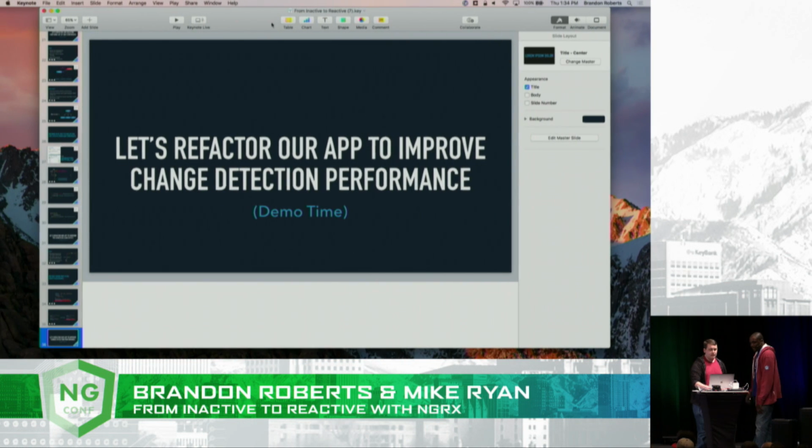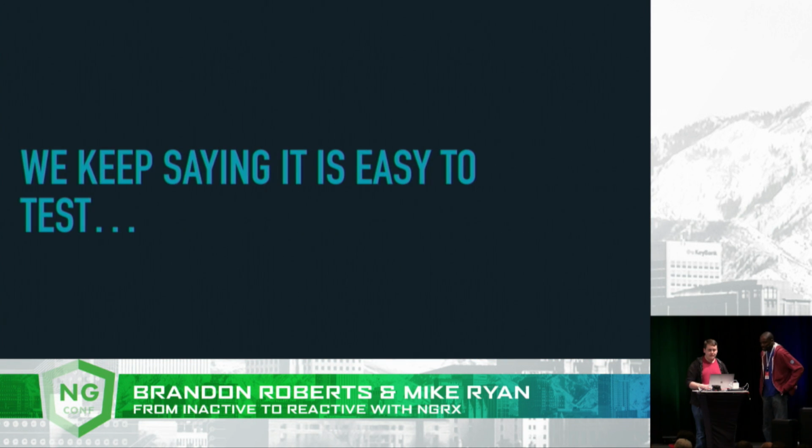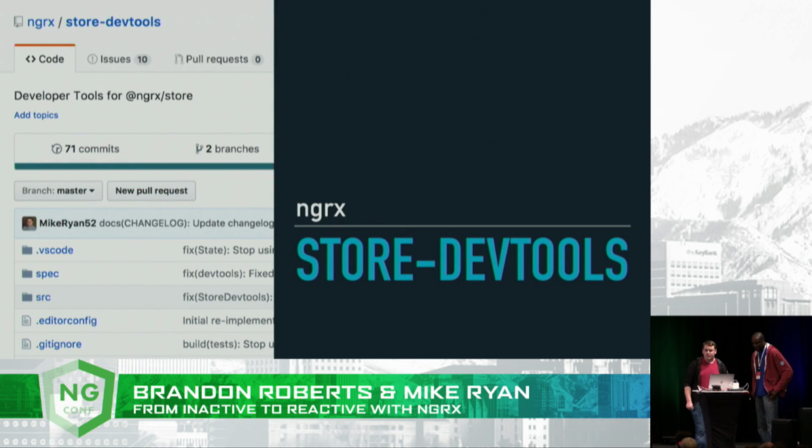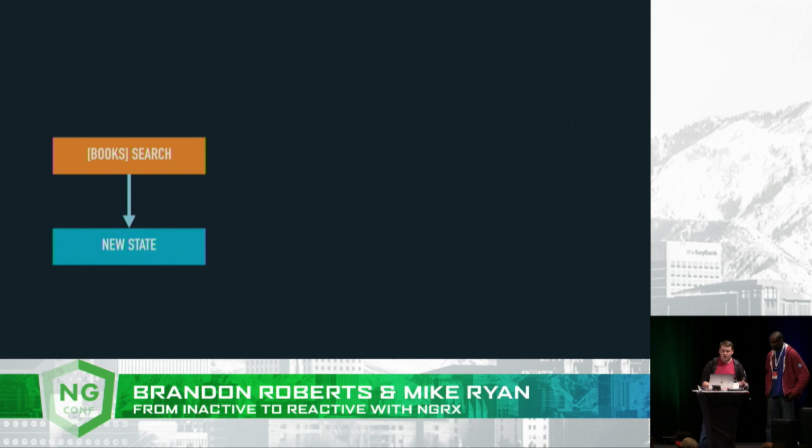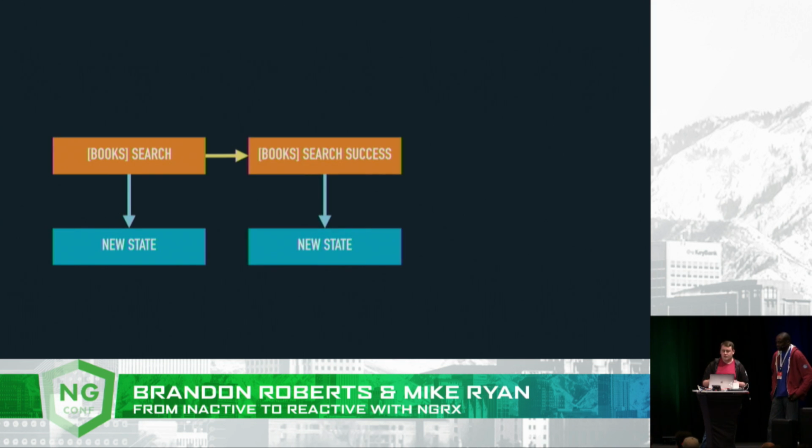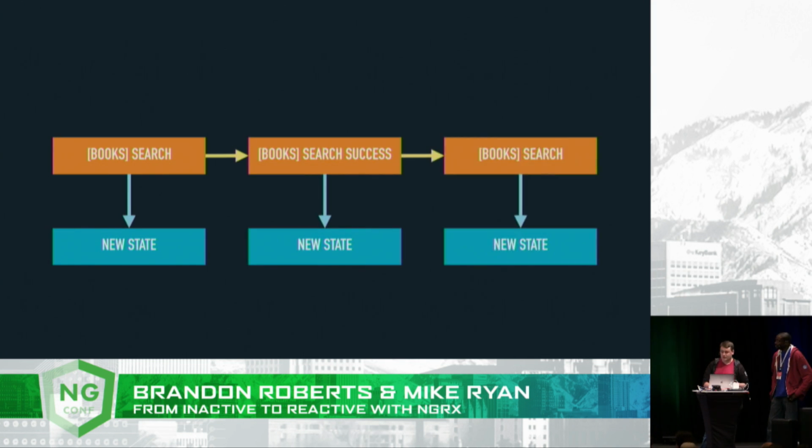So we've also been saying if you use this, it's going to be easier to test. Well, how do we actually interact and test with this application? And that's where the ngrx store dev tools come in. And these are developer tools for ngrx store. And the way they work is we're already modeling this application as a series of changes to state via action.